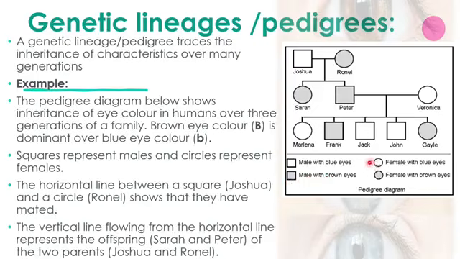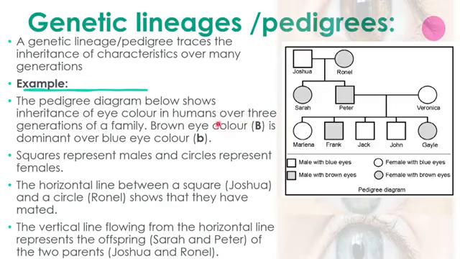The circle always means female, and that's a female with blue eyes and a female with brown eyes. So if we unpack it, we see that Joshua married Runel.